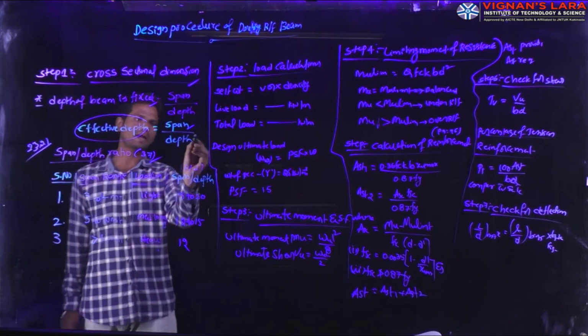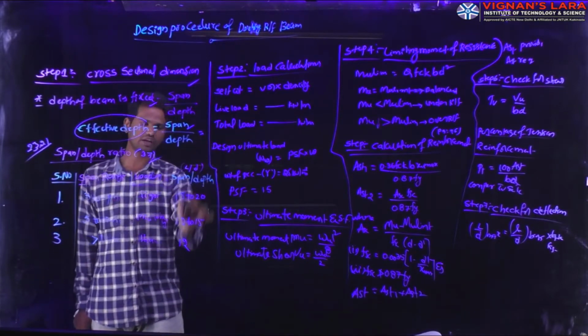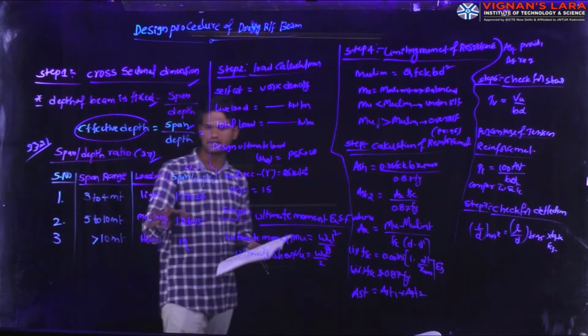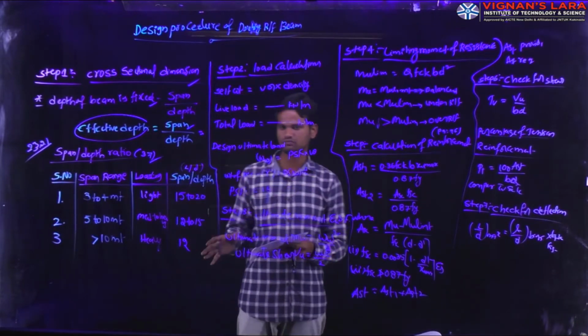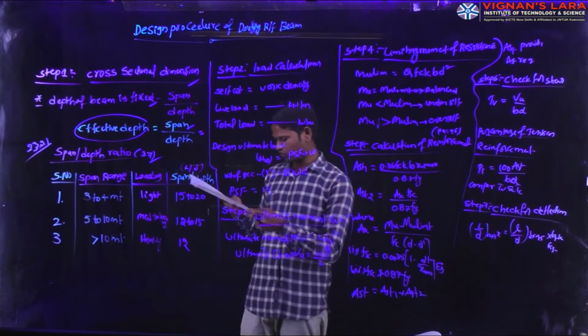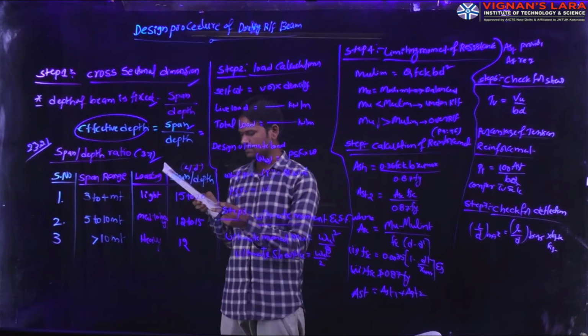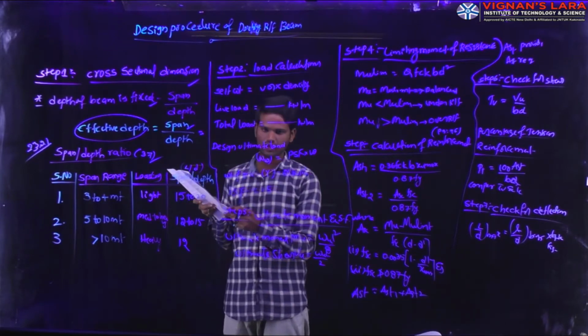The span to depth ratio values we can take from this table, which is mentioned in our code book. If you observe in our code book, page 37, for a cantilever the value given is 7, and for a simply supported beam the value is 20.